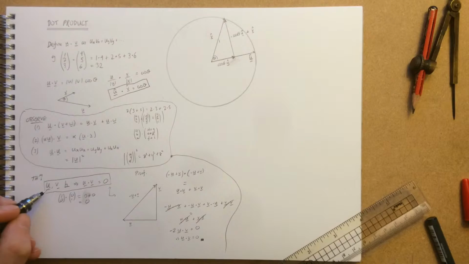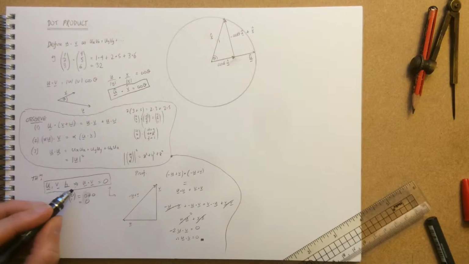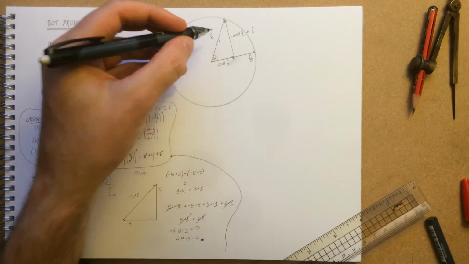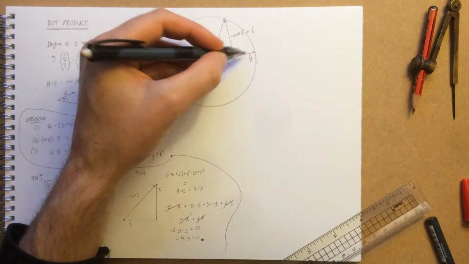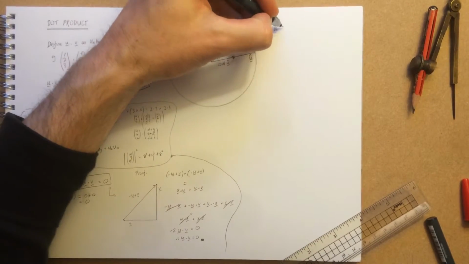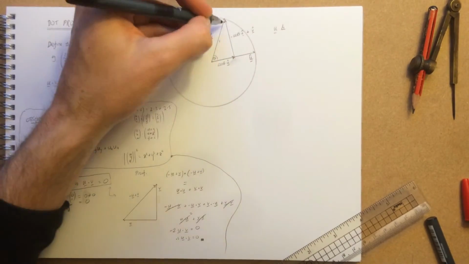Okay, so two perpendicular vectors means the dot product is 0. So here we have two perpendicular vectors. U is perpendicular to this thing.